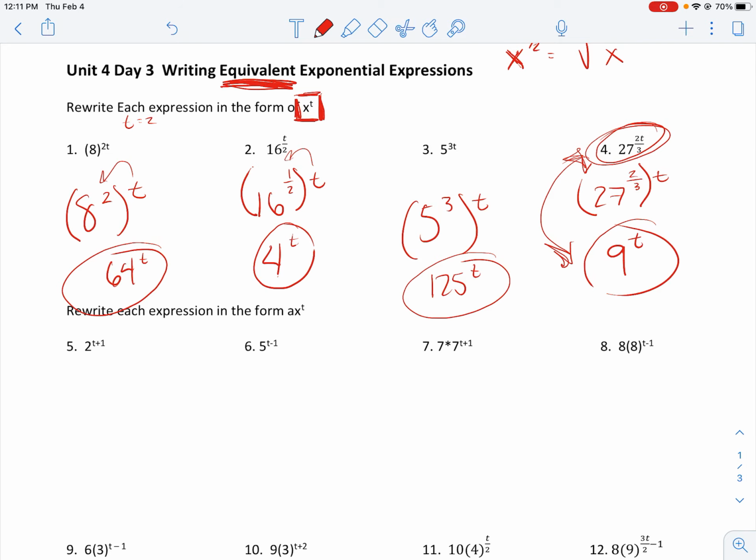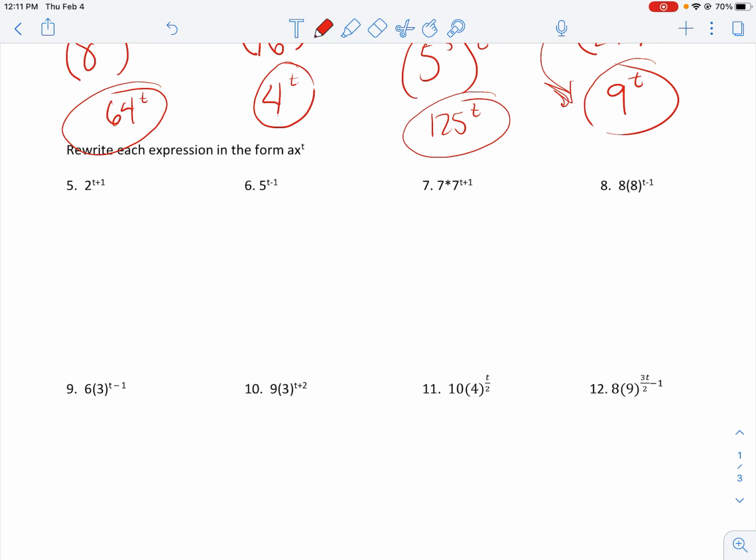So let's take a look at number 5. Number 5 plays a little more with our exponent rules. If you recall, when we have x squared times x cubed, we have the same base. So what do we do with our exponents? We just add them. That's going to be 3 plus 2, which will give me x to the 5th.